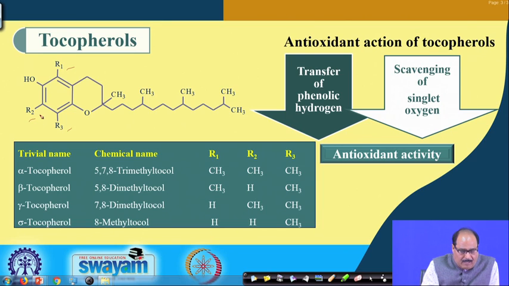When at positions 5 and 8 there are methyl groups, and at position 7 there is a hydrogen, the resultant tocopherol is beta tocopherol, and similarly gamma and delta tocopherols are there. All these tocopherols have good antioxidant potential. They function by the transfer of phenolic hydrogen or by scavenging of singlet oxygen.